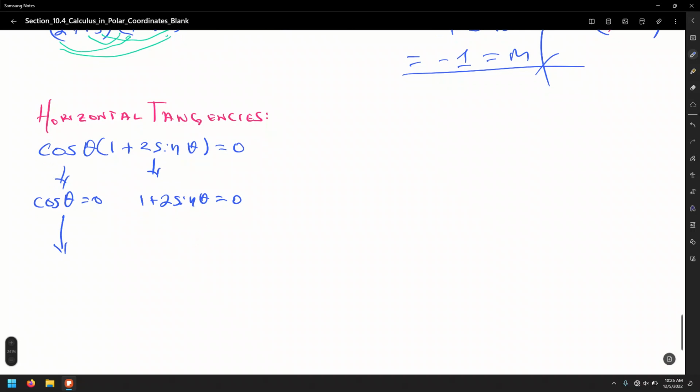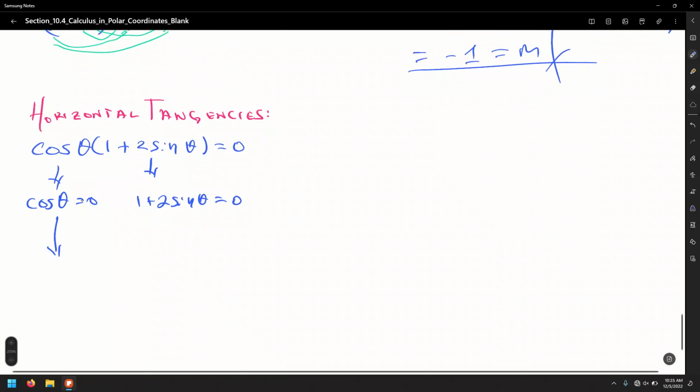And in this case, we're looking for the angles whose cosine equals 0, and the only one is theta equals pi over 2. All right, it's pi over 2, one of them. And over here we need to solve the equation. That's 2 sine theta equals -1, so sine theta equals -1/2.